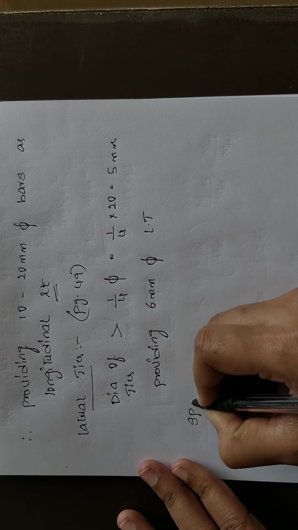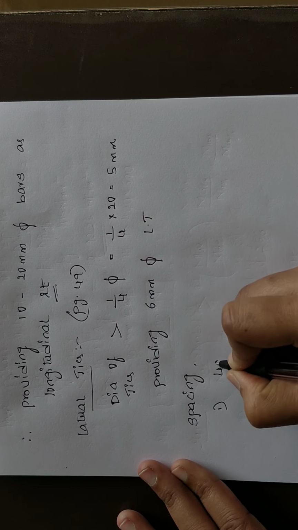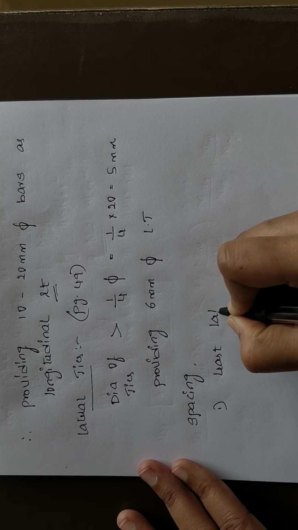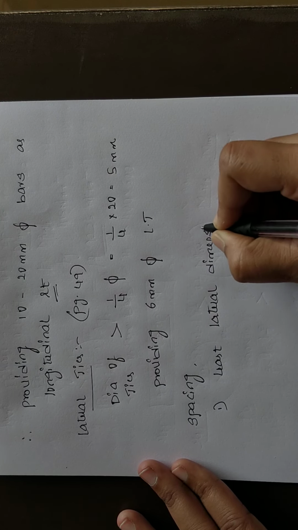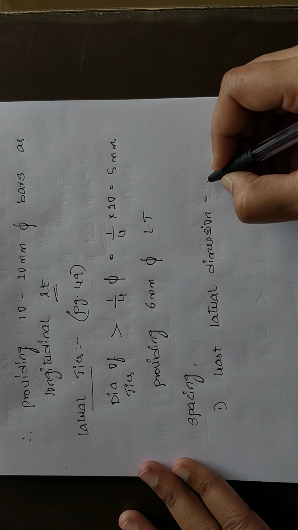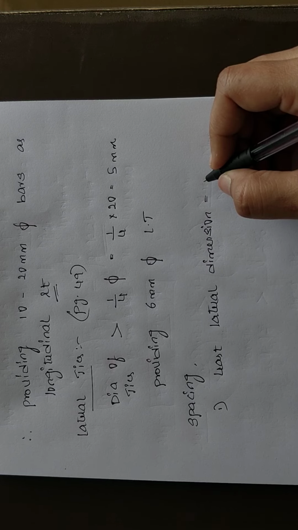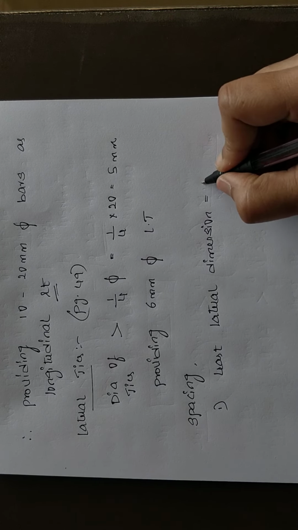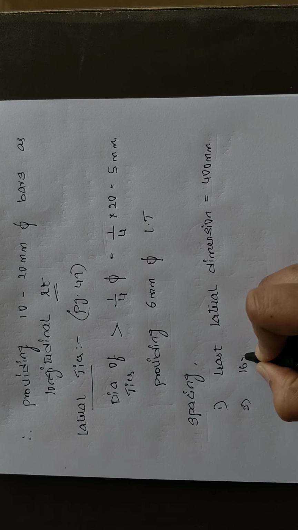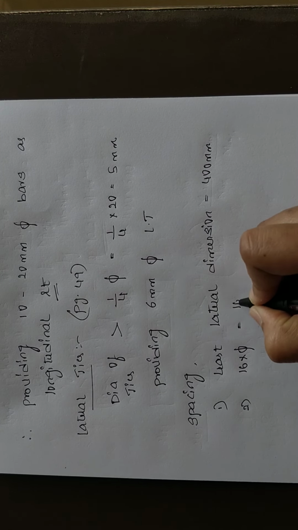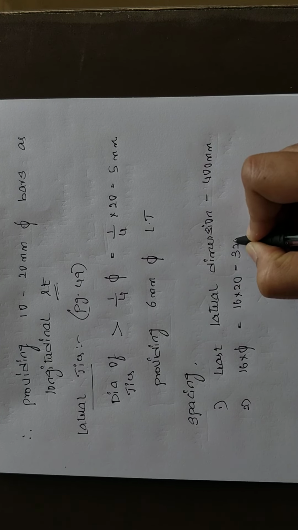Next is spacing. Spacing should be the least of the following. First one is the least lateral dimension. It is a rectangular section, the cross sectional dimension is 400 by 600 mm, in that the least dimension value is 400. Next is 16 times the longitudinal reinforcement dia, 16 times 20, that will be equal to 320 mm.